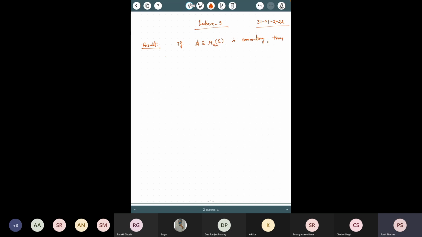this property of commuting itself is sufficient to say that the family is simultaneously upper triangularizable.